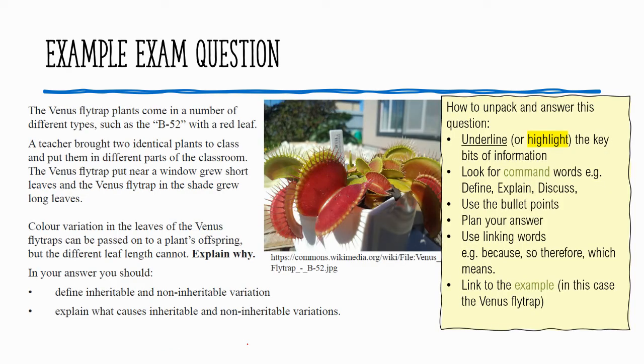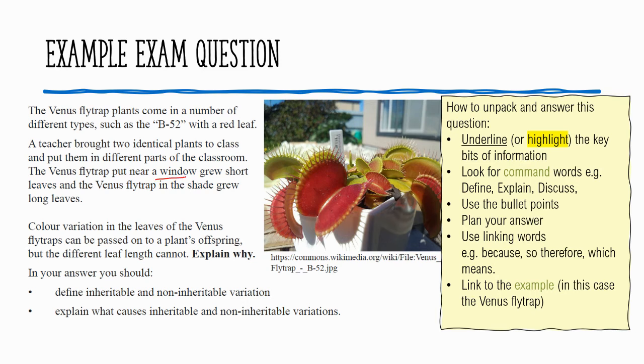Now, this is an example exam question about the plant, the Venus flytrap. This variation has a red leaf. A teacher put two identical plants in different parts of the classroom, so they had different environments.